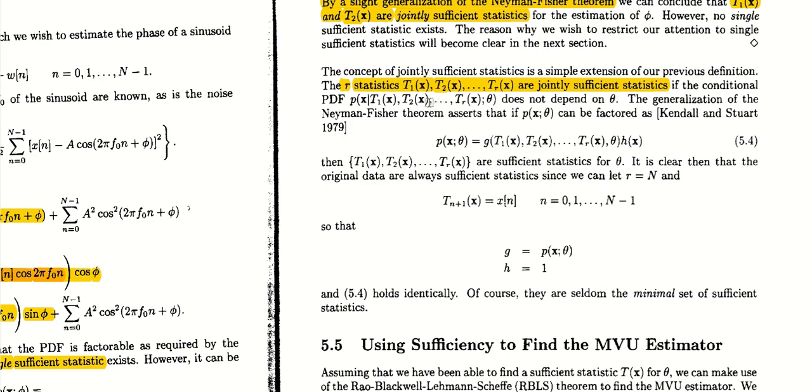Not one of them is sufficient. Some of them are not sufficient. Part of them are not sufficient. Then it has to be all of them jointly, then it will be sufficient. Okay, so let's see it this way. If all of them together do not depend on theta, then it's jointly sufficient. So that is a kind of generalization.